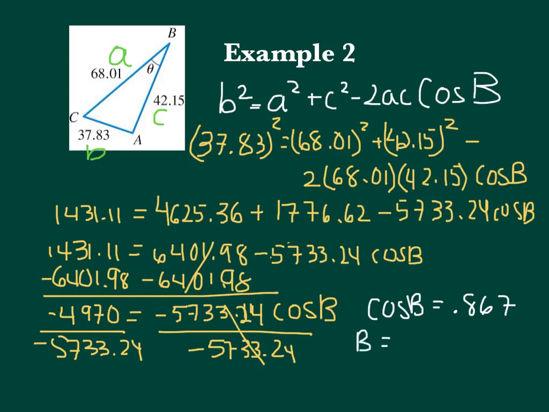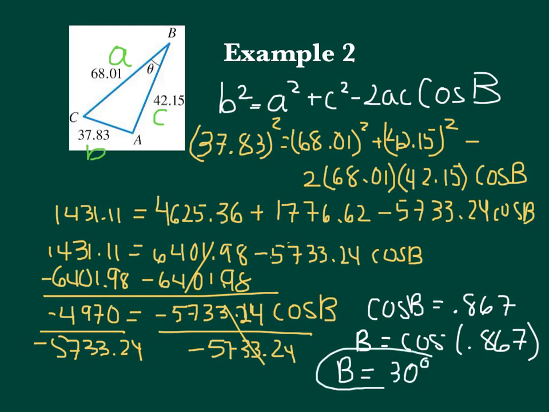Please remember, you now need to use the inverse cosine to solve for your angle. And I now get that my angle B equals approximately 30 degrees. I apologize for some nasty numbers in there, but hopefully you were able to follow the process.